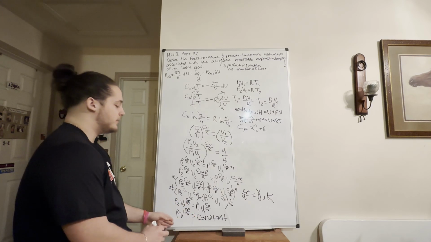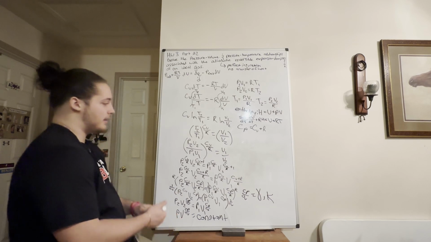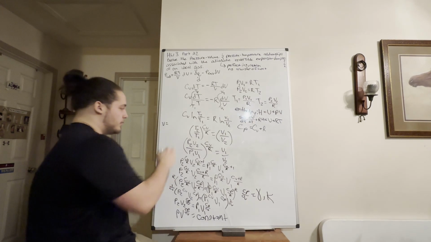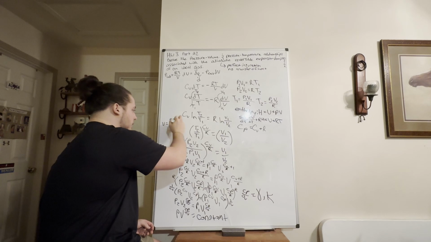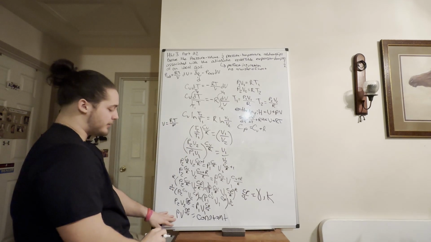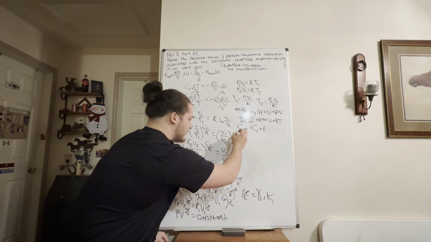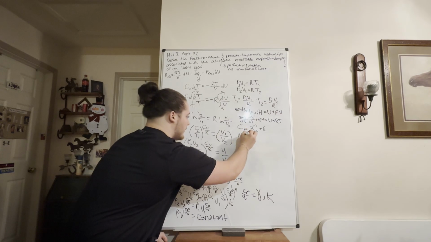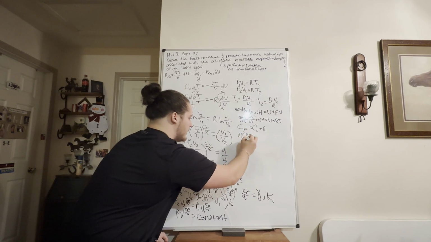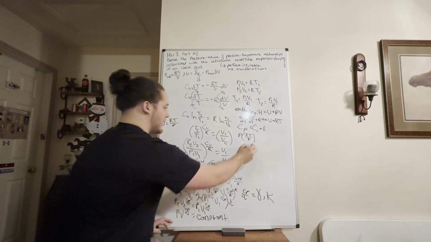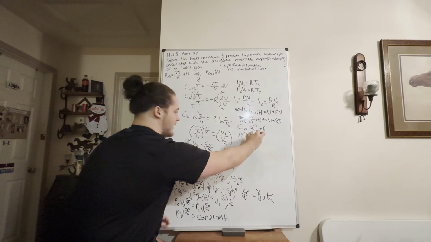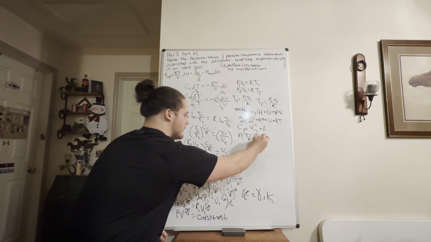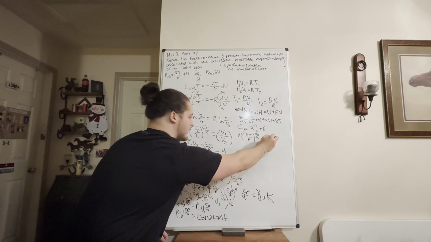So using the ideal gas law, we can write V as volume is equal to R times T over P. We can write this as P times RT over P raised to the power of CP over CV is equal to our constant.